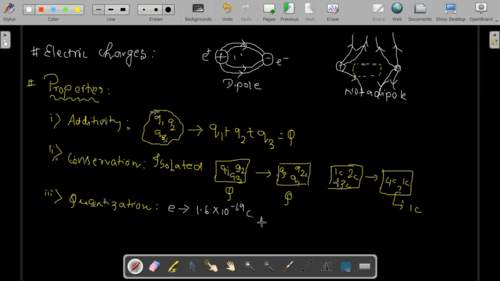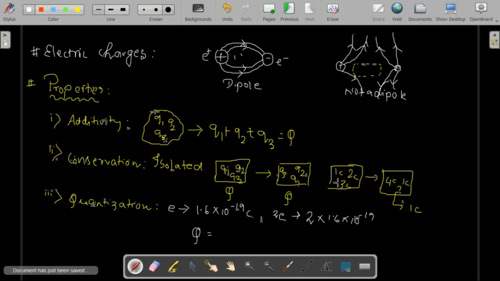So if there are two electrons, to find the charge you just take two and multiply it with 1.6 into 10 to the power minus 19. For any system, if you want to know the total charge of that system, this quantization of charge will work.